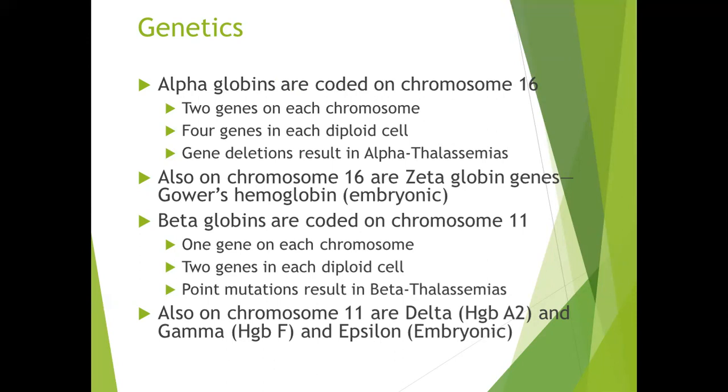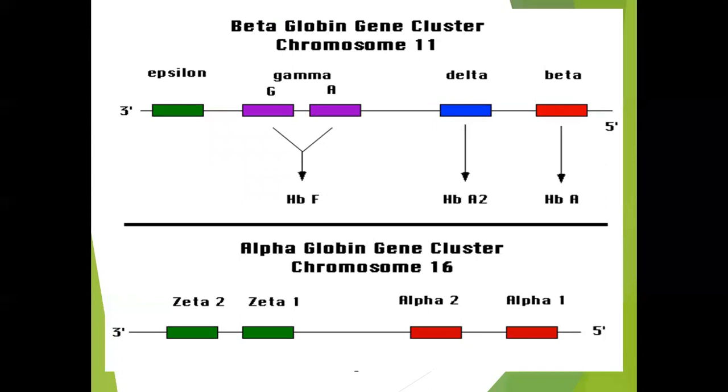So it's important, we should know the genetics. Also on chromosome 11 are delta, hemoglobin A2, gamma, hemoglobin F, and epsilon, embryonic hemoglobin. So this is the genetic structure of chromosomes showing different hemoglobins H, F, A2, and hemoglobin A.